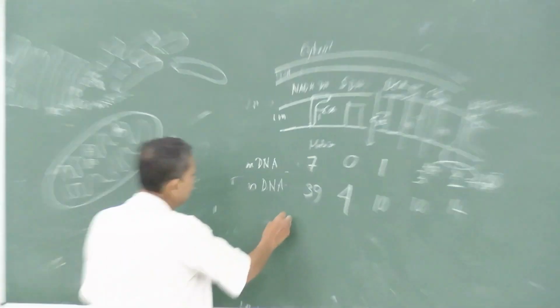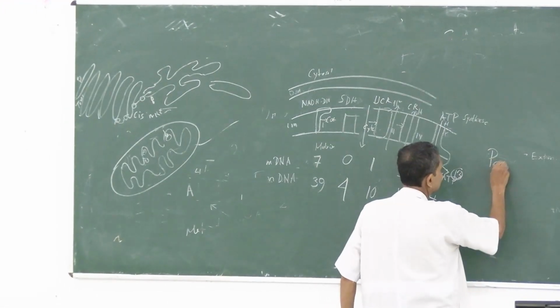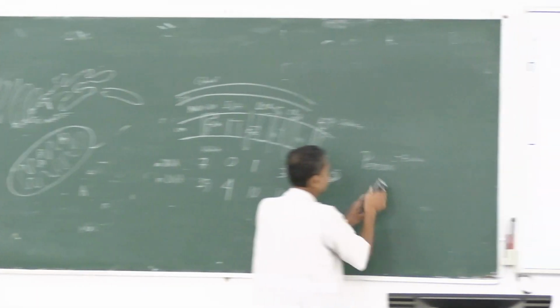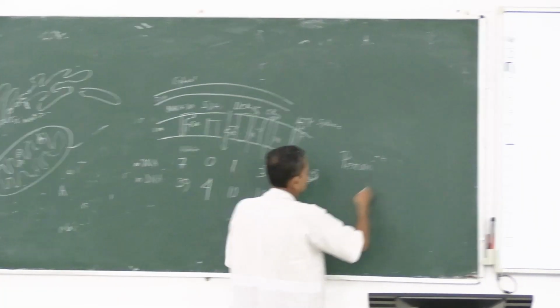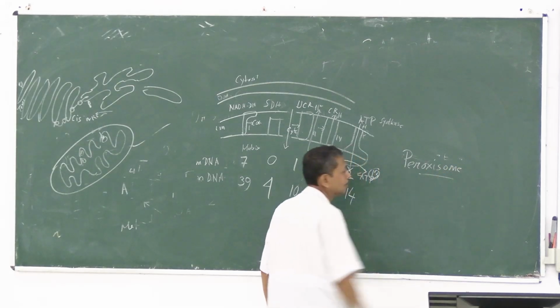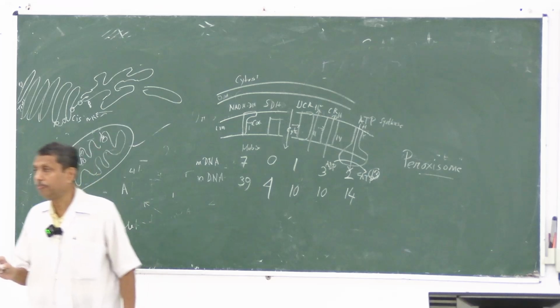Now, there is another organelle called peroxisomes. It is present in the microsomal fraction.